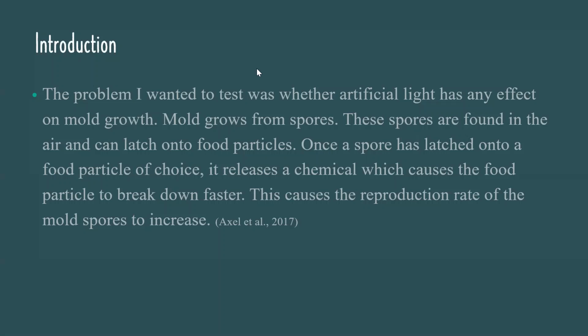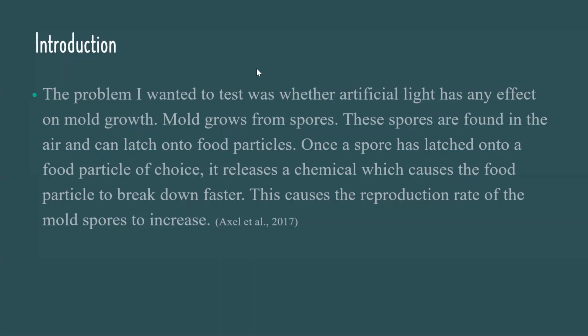Now, the reason I wanted to do this experiment was because I wanted to find out why it seems like some foods are always in the fridge and yet they still end up going bad. I wondered if this had to do with some of the light fixtures in the fridge. In my case, it's always the food on the top shelf of my fridge going bad. So I came up with an experiment to go along with it.